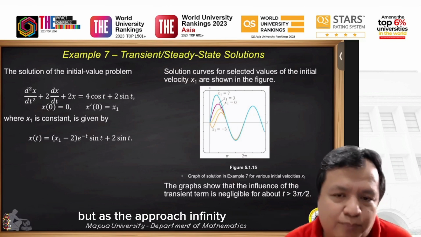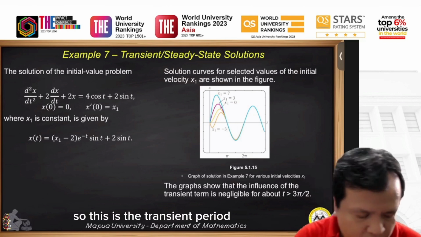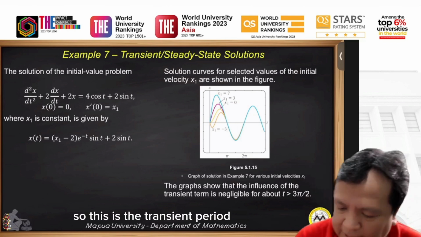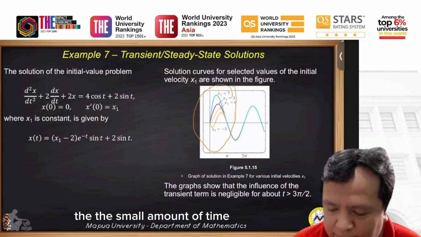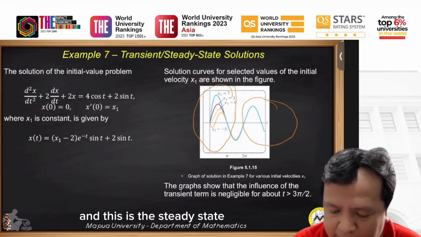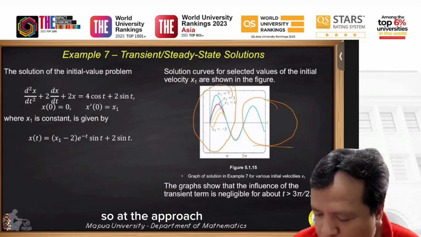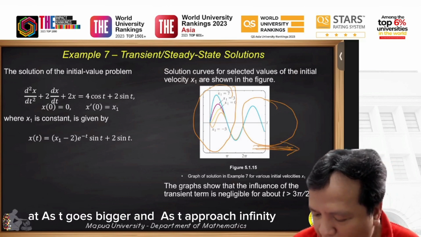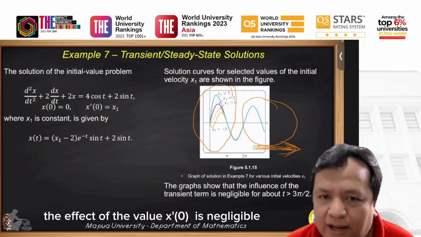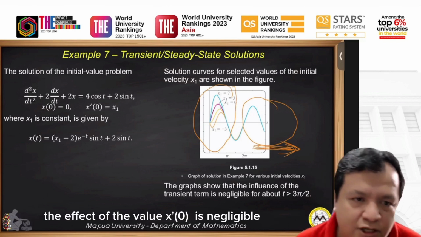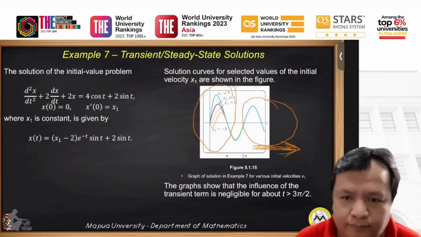This is the transient period, the small amount of time, and this is the steady state. As t goes big, as t approaches infinity, the effect of the value x1 is negligible.